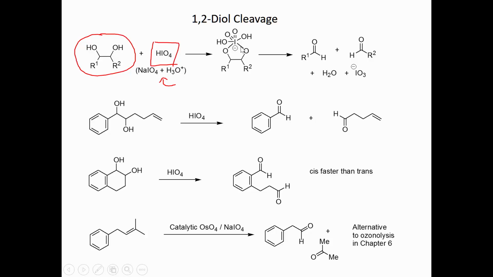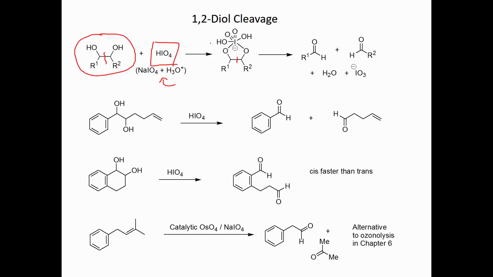And this is going to cleave to give you iodine in a lower oxidation state. But most importantly, it's going to cleave the carbon-carbon bond right here. So this bond, the bond that was between the two alcohol groups, is going to go as a result of the diol cleavage reaction.